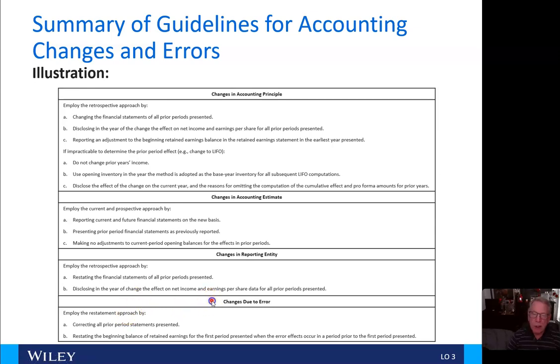And if we have changes due to an error, we'll employ the restatement approach by Alpha, correcting all prior period statements presented, and Bravo, restating the beginning balance of retained earnings for the first period presented when the error effects occur in a period prior to the first period presented.